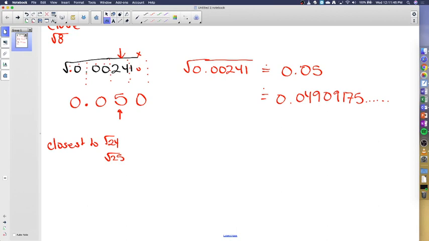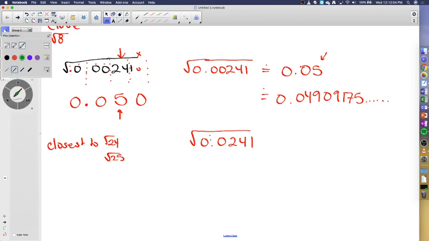Okay, I'm going to do the exact same numbers actually, but I'm just going to slide it over a little bit to show you how it changes. Okay, so just because I've slid everything over one decimal place doesn't mean that my answer is going to slide one decimal place over. Okay, watch what happens when we split this one from the decimal point.